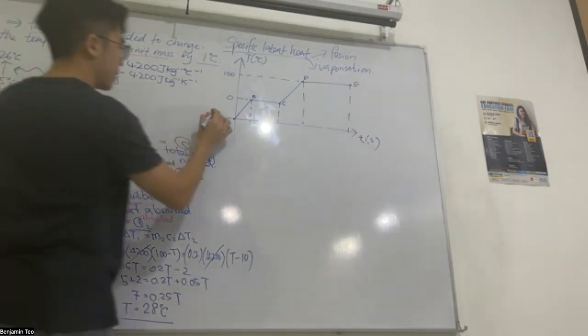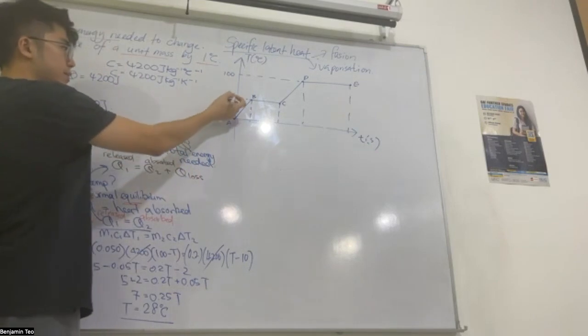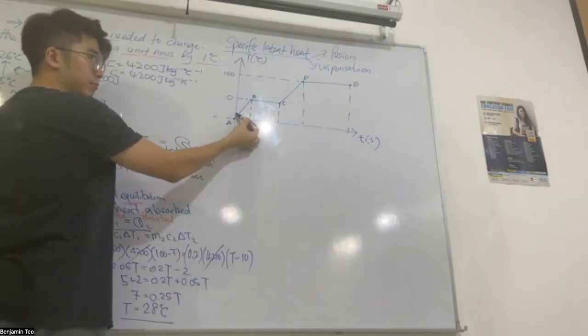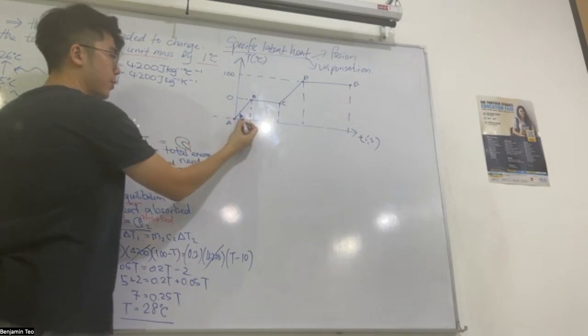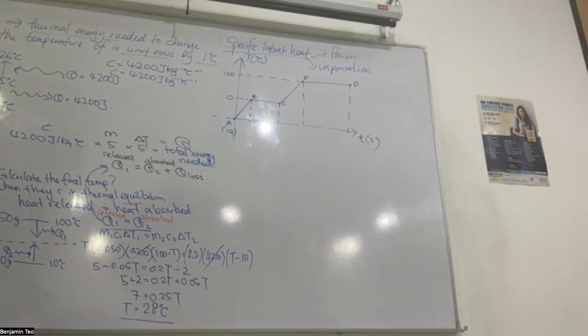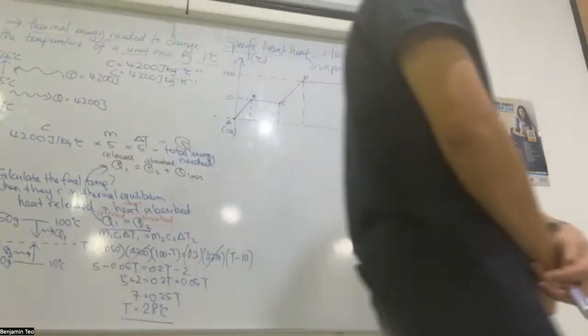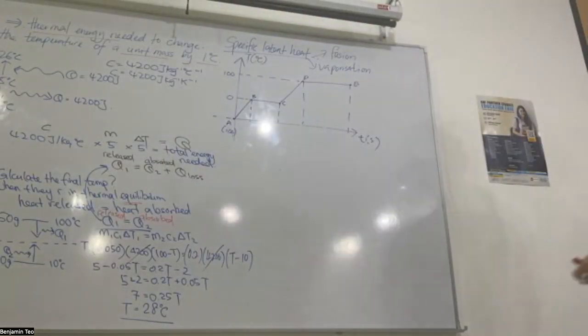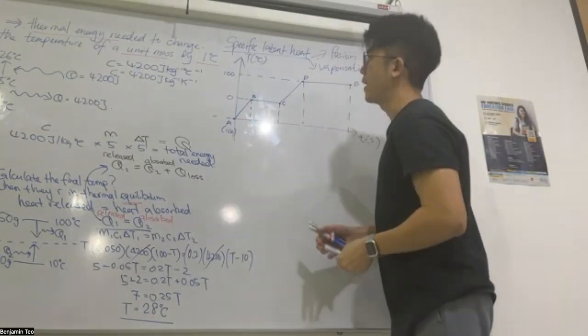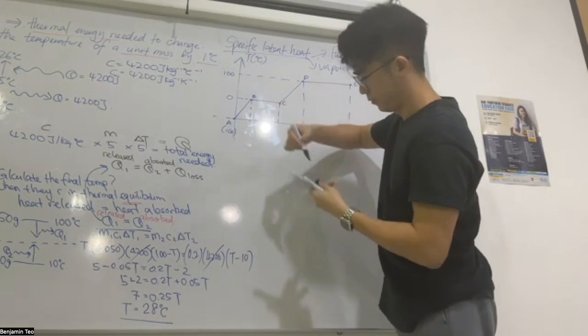Point A is below 0, so here is all below zero. So at A it could be ice. Yeah, ice. A is ice. It's under the freezing point. From A all the way to B is ice. At B it is still ice.